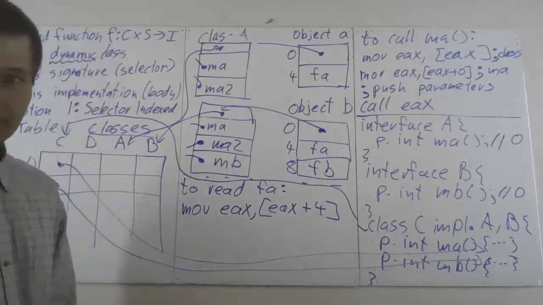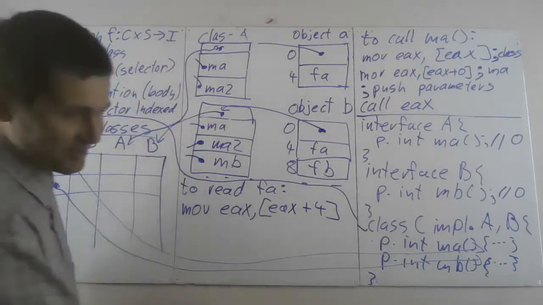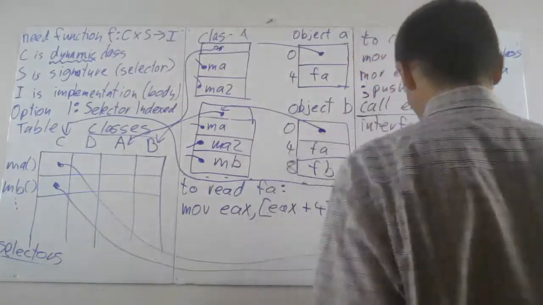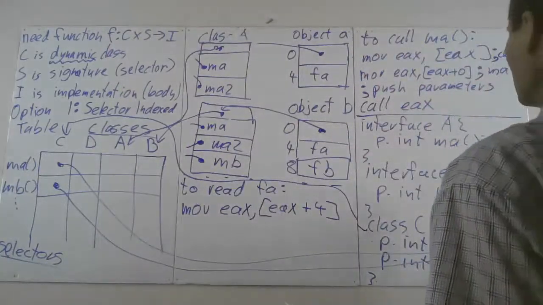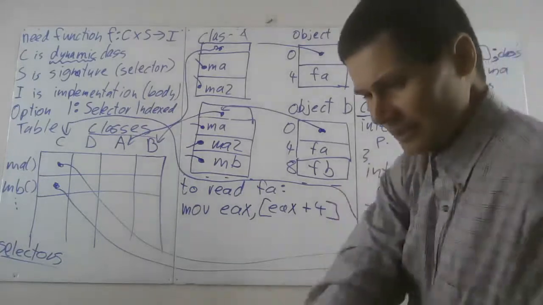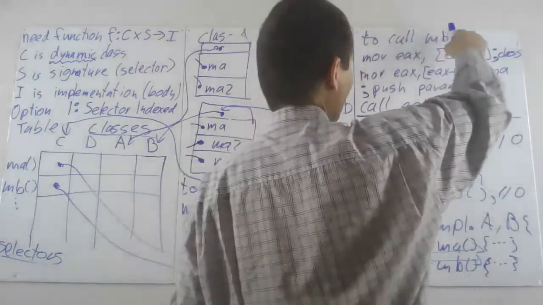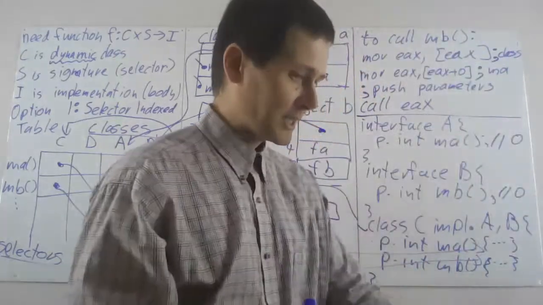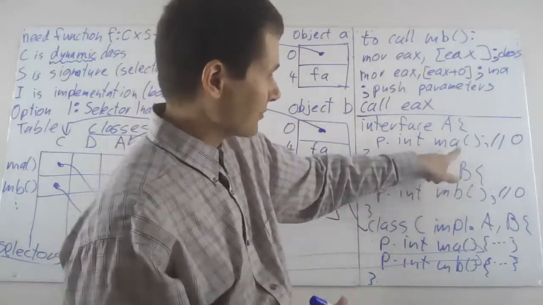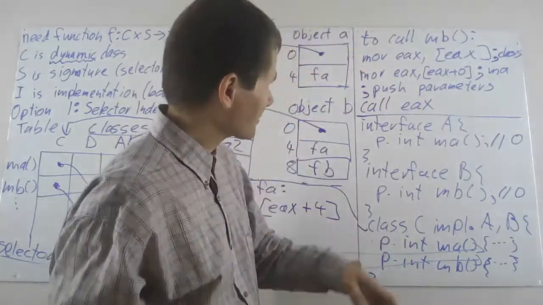So, I know the diagram has gotten messy, but if I have this kind of a table, let me change this code to call method MB, right? Now I want to call method MB on an object that's statically of the type of interface B. So what am I going to do?